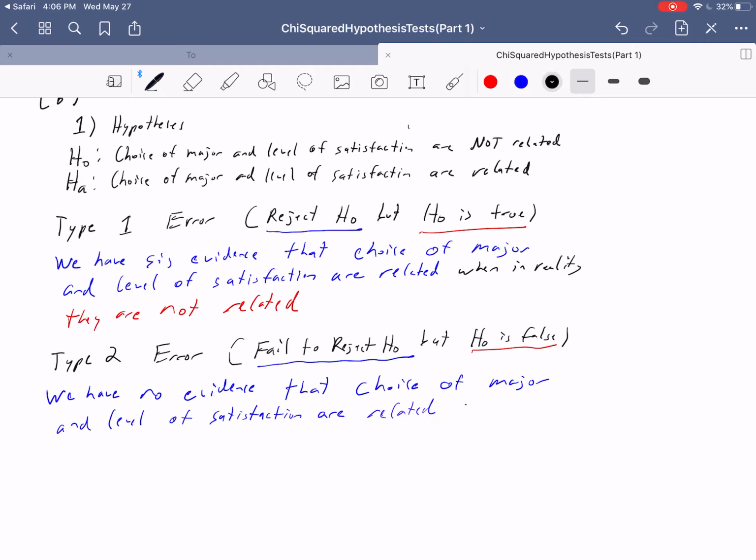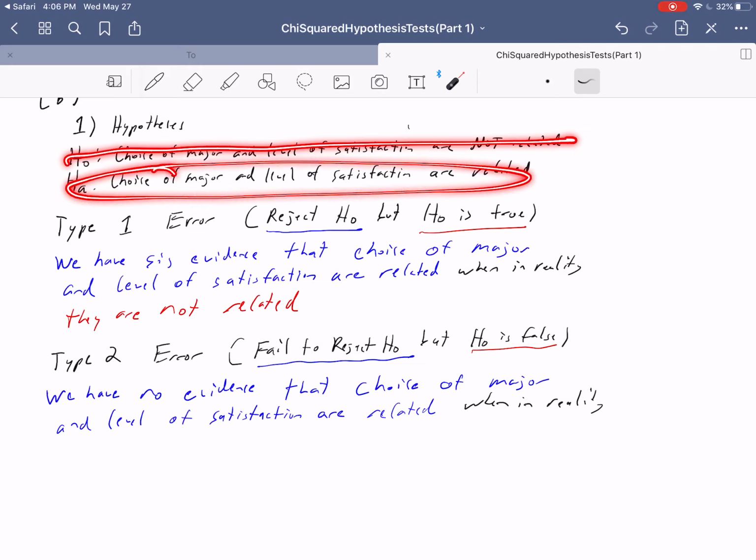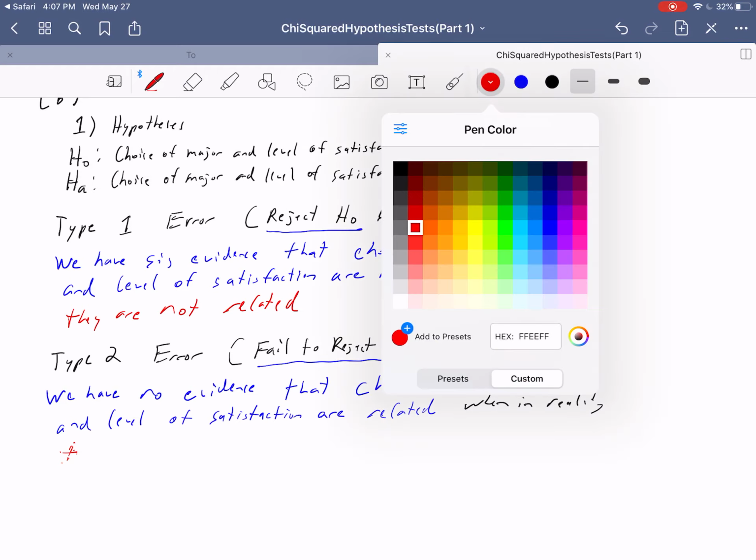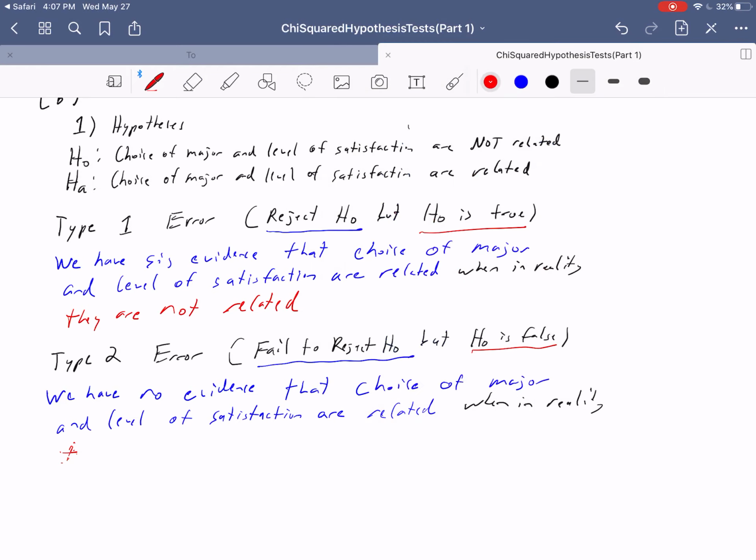That would be our decision, when in reality, well, H0 is actually false, so this is wrong, and they really are related. So, as usual, when we talk about type 2 errors in general, we usually call them missed effects.